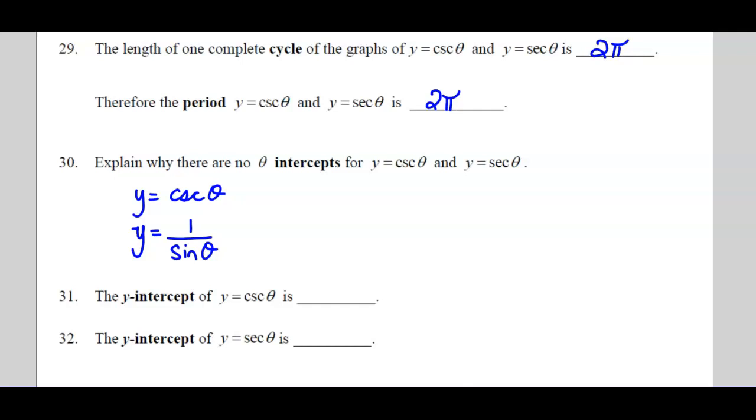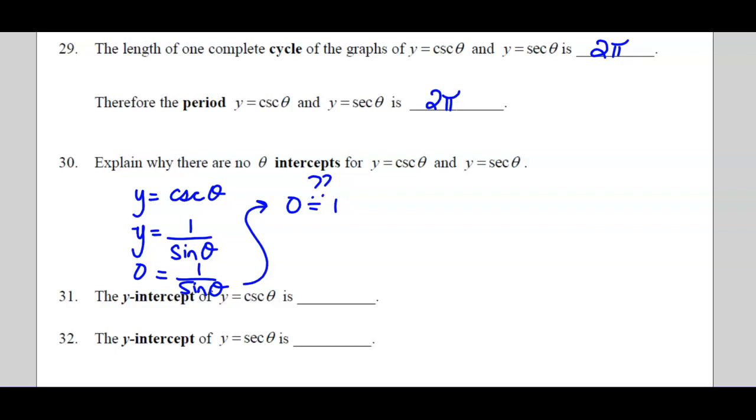Yeah, one way you can do that is if you set y equal to 0, multiply both sides by sine theta, you get 0 is equal to 1. Exactly. Or if you set it as y, so if y is equal to cosecant theta, so cosecant theta is equal to 0, because that's still an x-intercept. Then set that as 1 over sine theta is equal to 0, that means you basically broke math.